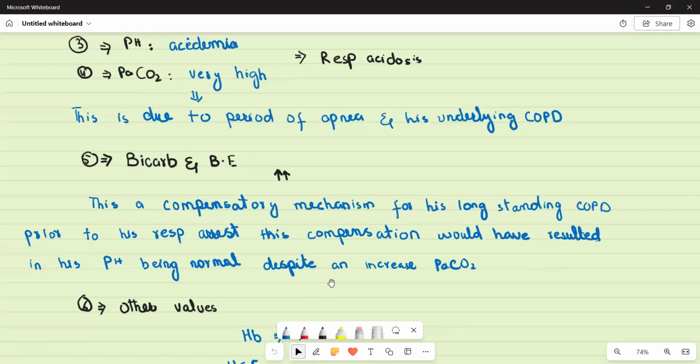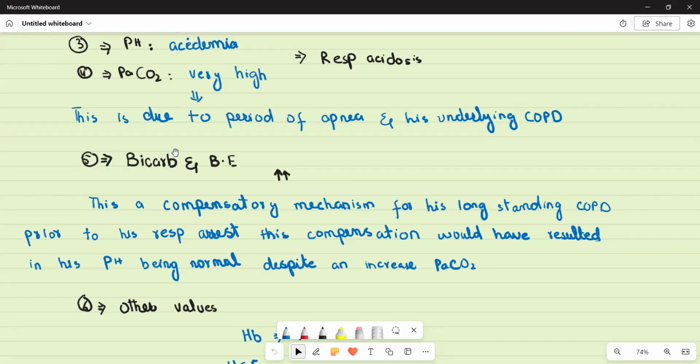As a result of his chronic respiratory acidosis, the body has compensated. The kidneys are producing much more bicarbonate in an attempt to buffer the effect of the elevated level of carbon dioxide. So normally before his respiratory arrest, this increase in bicarbonate ion was able to maintain his pH at a relatively normal level.